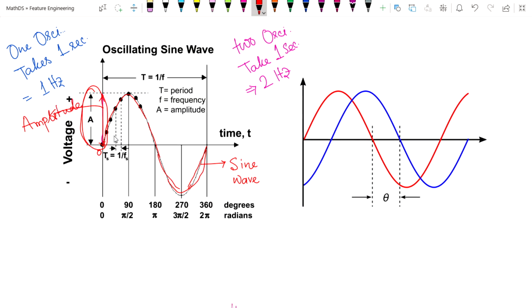These are the amplitude of a wave, and this is the time period of a single oscillation. This is called the time period for a single oscillation.